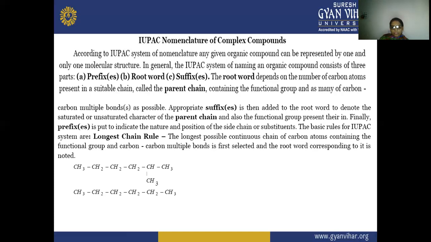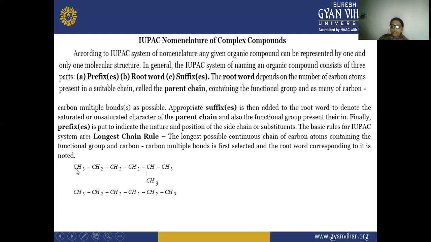Like this example shown here: CH3, CH2, CH2, CH2, CH, CH3, CH3. We have to select which is the longest chain, either this one or the straight one. So first we have to check: 1, 2, 3, 4, 5, 6.